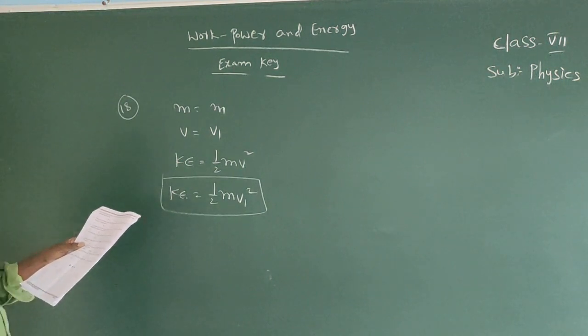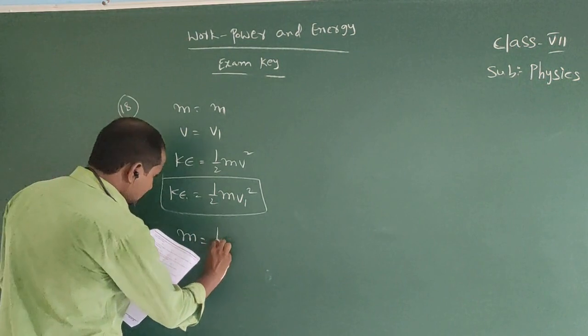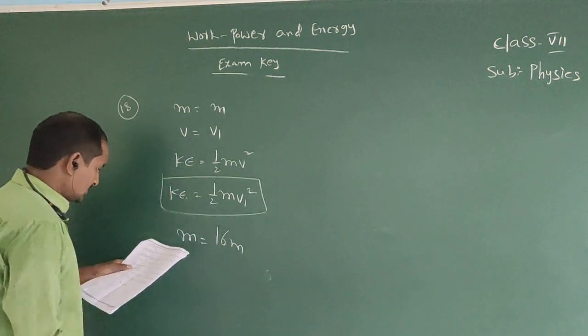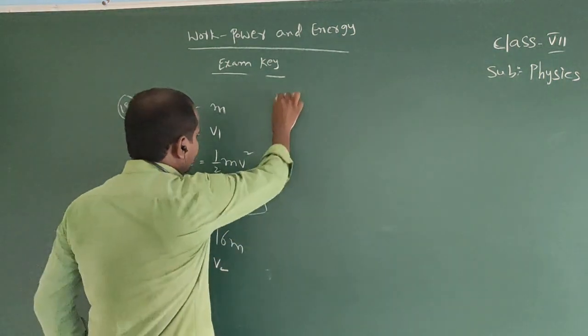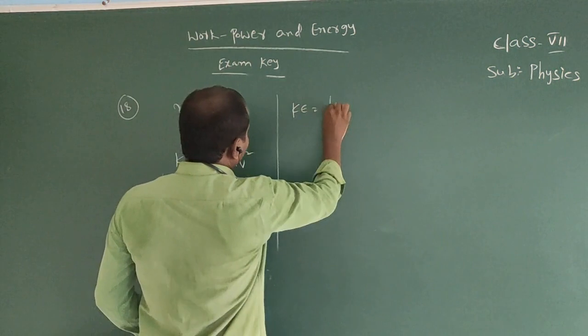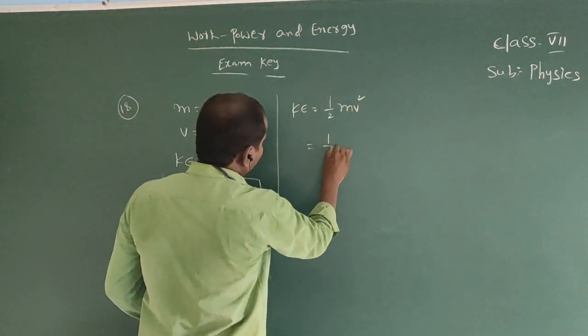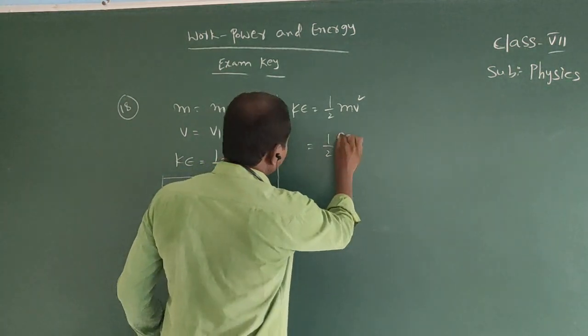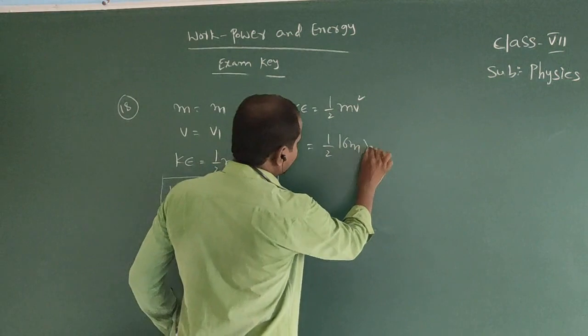Next time mass m is changed to 16m. Next v equal to v2. Then find kinetic energy. So here K equal to half into m into v square. So half into 16m, v square equal to v2 square.